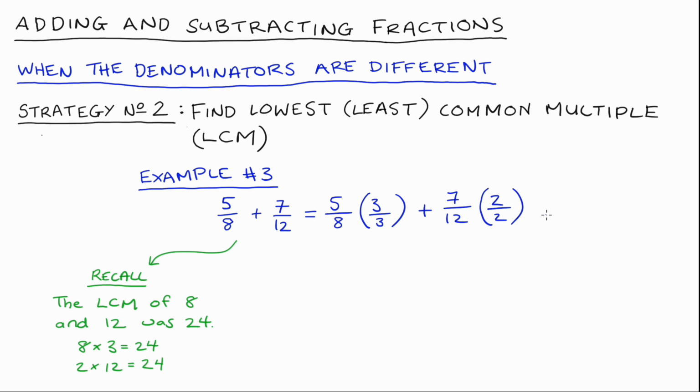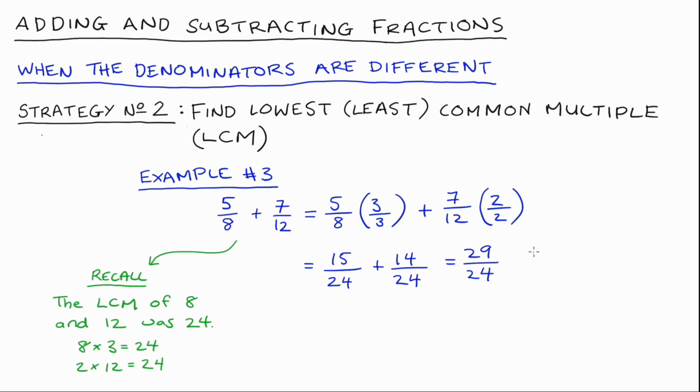So 5 over 8 times 3 over 3 is equal to, well, 5 times 3 is 15, and 8 times 3 is 24. And 7 over 12 times 2 over 2 is equal to, well, 7 times 2 is 14, and 12 times 2 is 24. We can now add these fractions together because they have the same denominators.